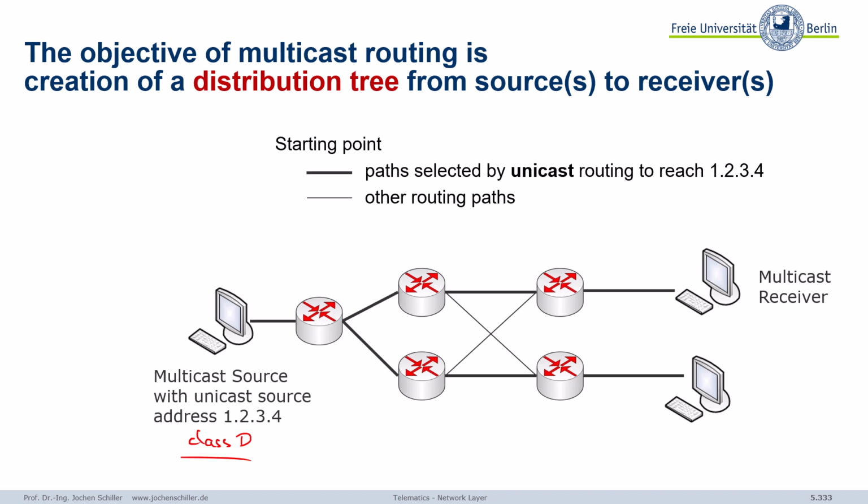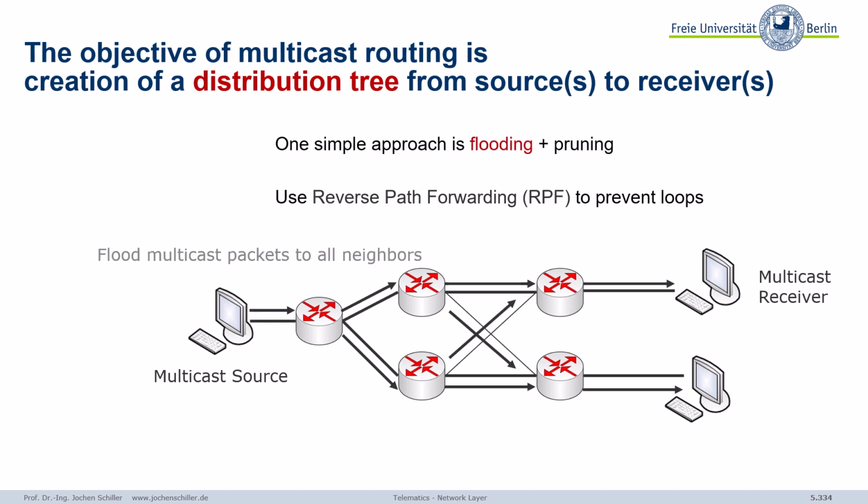So this can be assumed to be the classical routing. There are some other routing paths, but it can be assumed that we have a multicast connection. So how does it now work for the creation of the distribution tree?